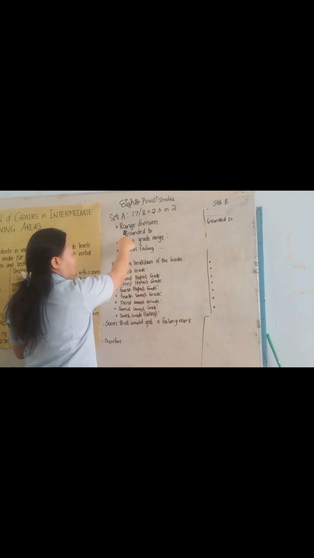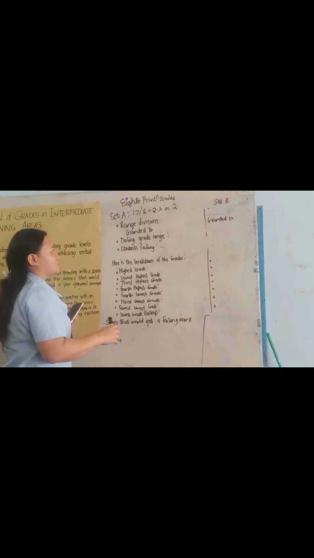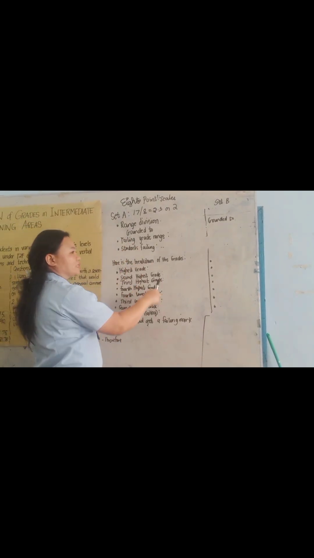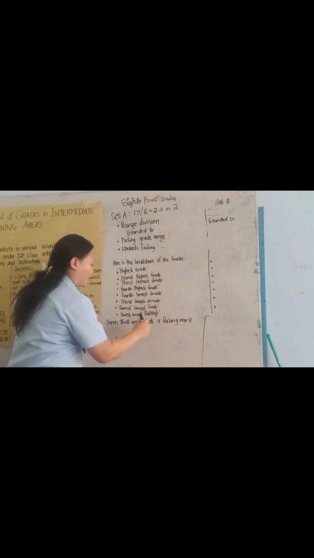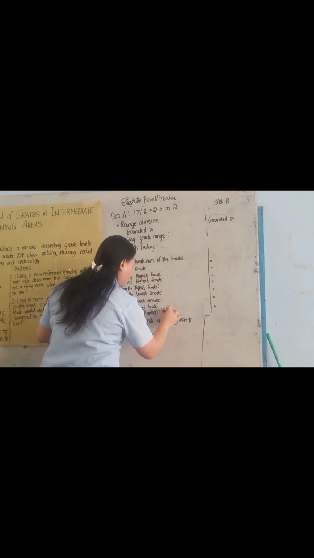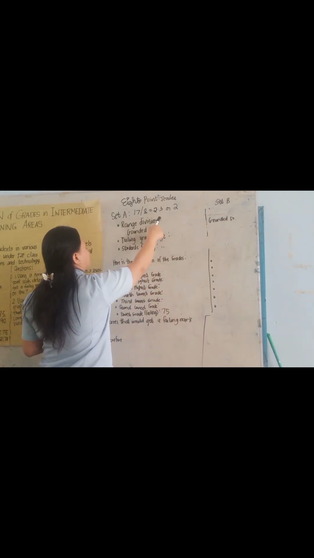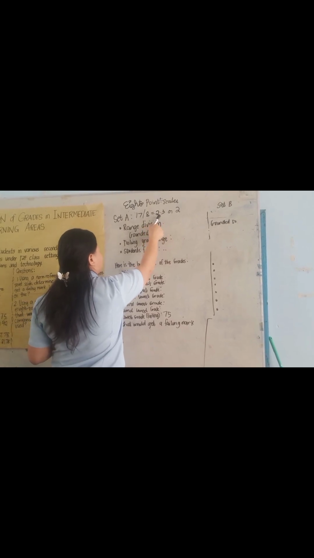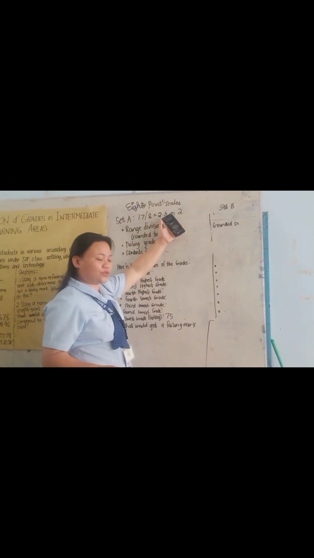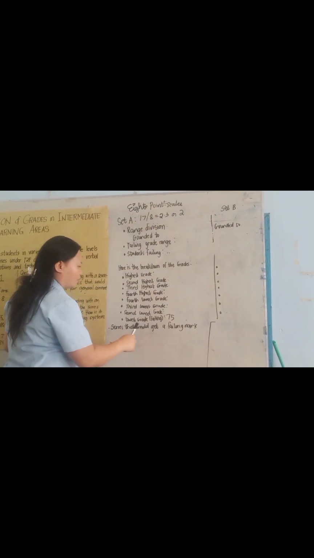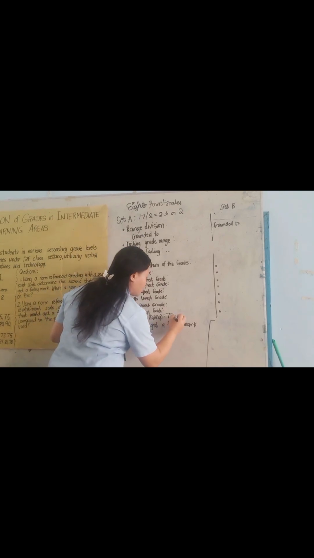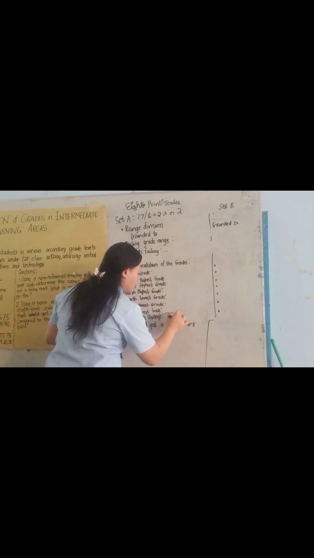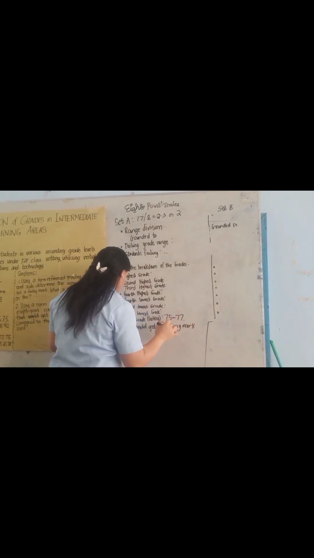In order for us to get the range divisions, we're going to add the lowest grade, which is 75, to the quotient, 2. So 75 plus 2 is equal to 77.